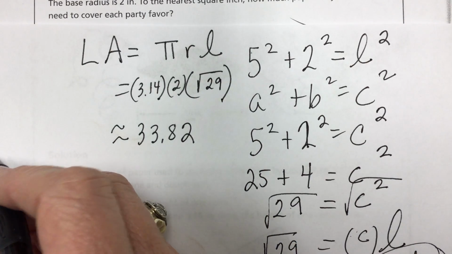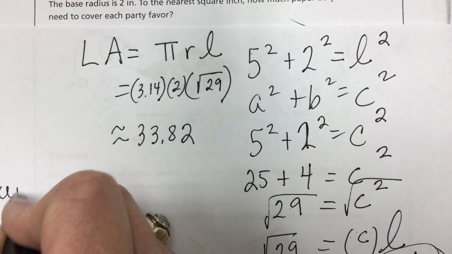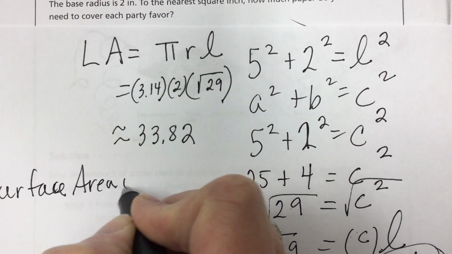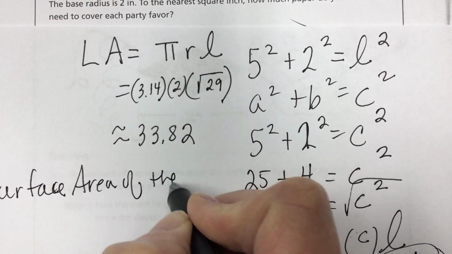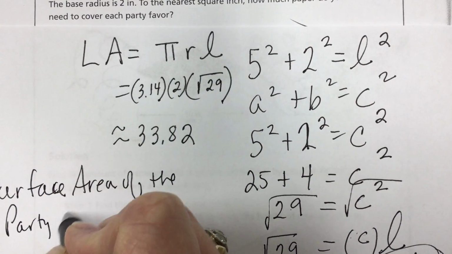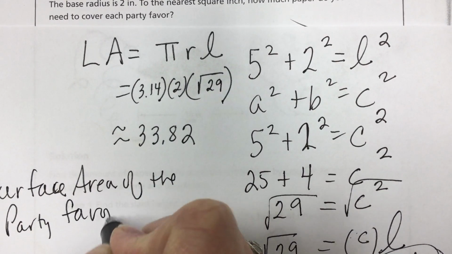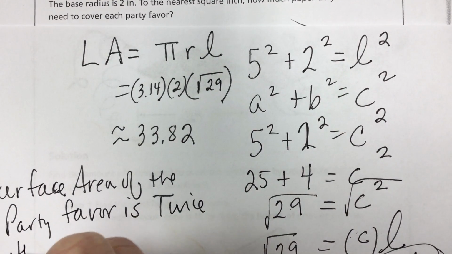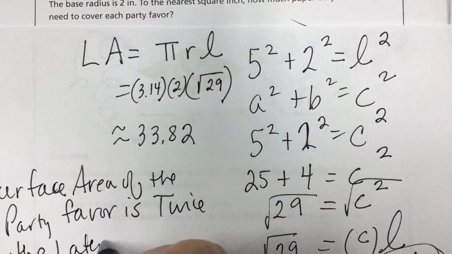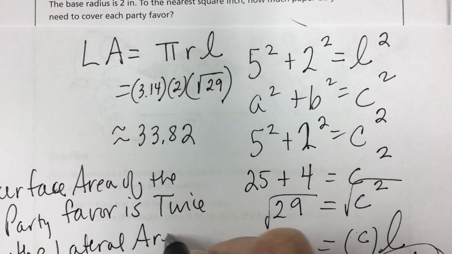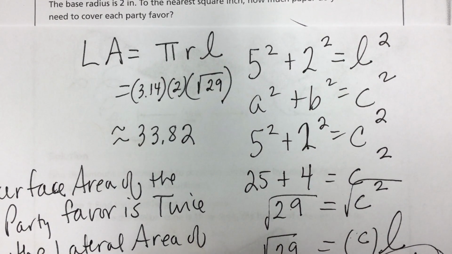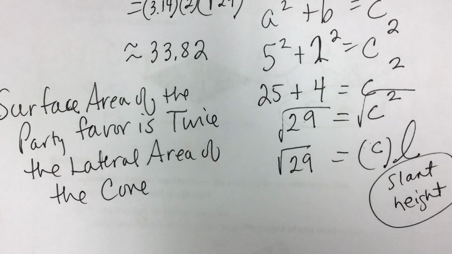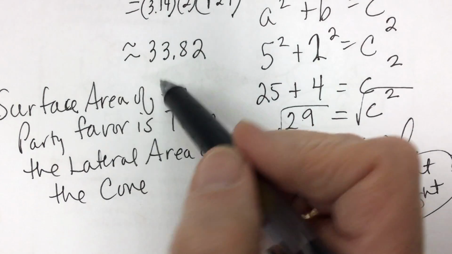Now remember, the surface area of the party favor is twice the lateral area of the cone, because there were two party hats, two cones, stuck together.